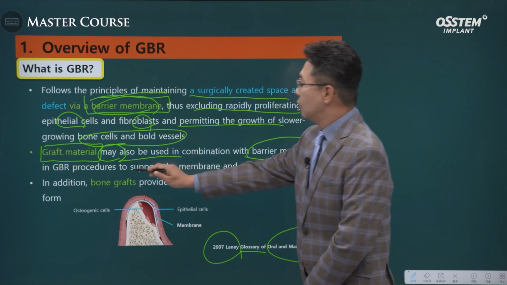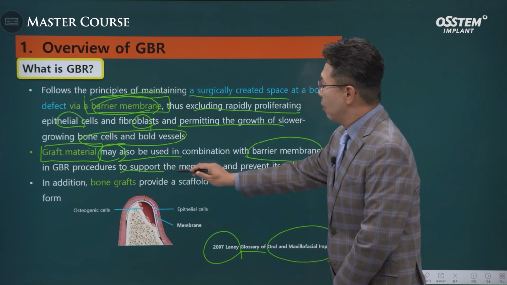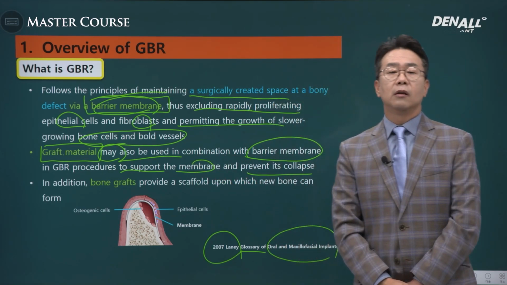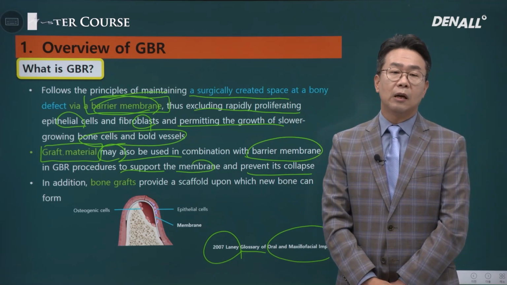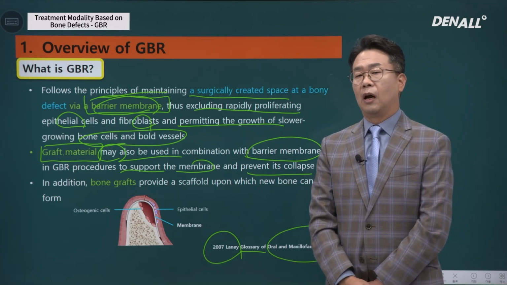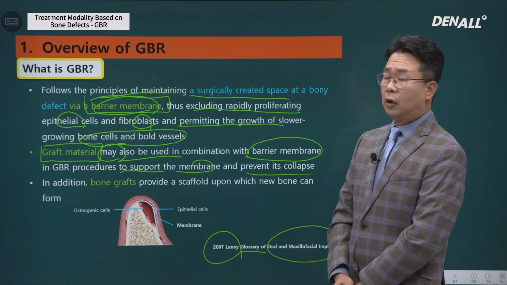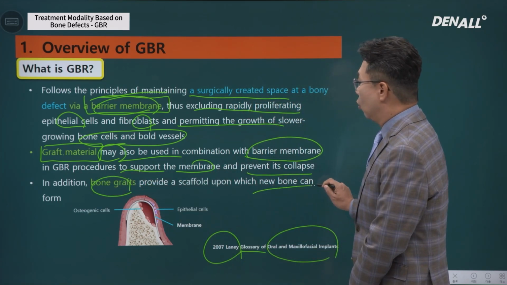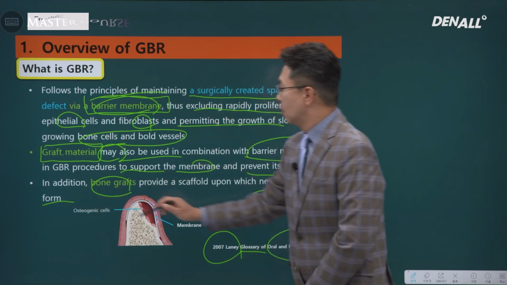If you take a look, it says that graft materials may also be used in combination with barrier membrane and GBR procedures to support the membrane and prevent its collapse. In addition, bone grafts provide a scaffold upon which new bone formation can occur.